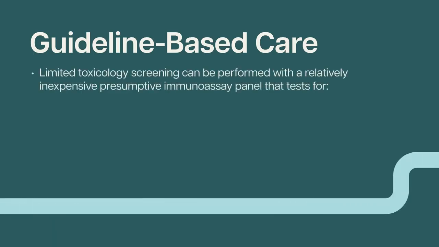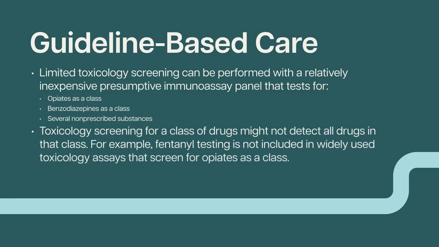Generally, toxicology screening can be achieved using a relatively inexpensive presumptive immunoassay panel that will test for opiates as a class, benzodiazepines as a class, and several non-prescribed substances. But bear in mind that this screening is just that, and it's not going to detect all drugs in a class. For example, some of the synthetic opioids, such as fentanyl, will not be included in the widely used toxicology assays that screen for opioids as a class.